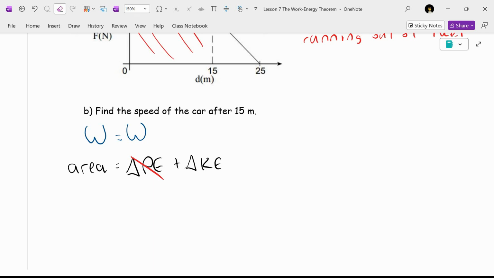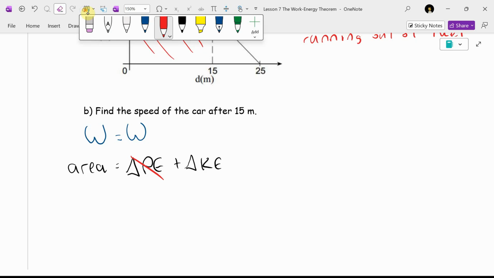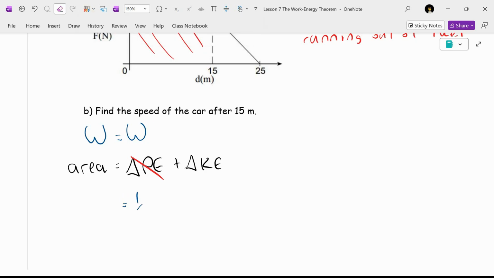What's changing anything? So on the right-hand side, it's going to be a half mv final squared minus a half mv initial squared. What two words did we underline? So, gone.